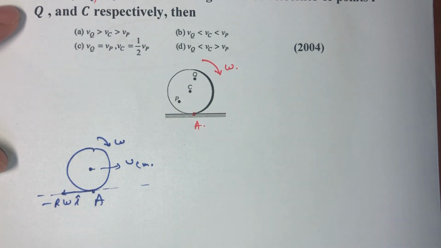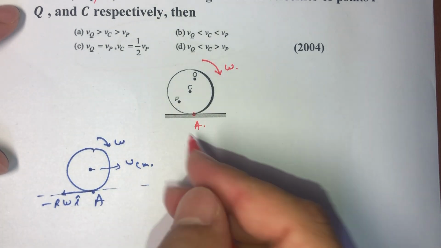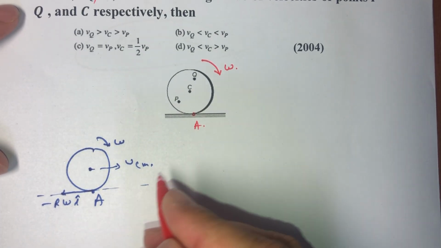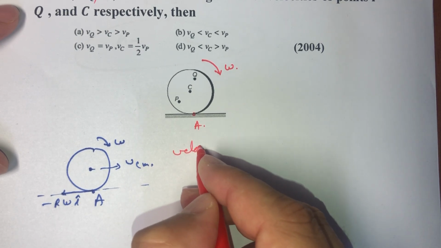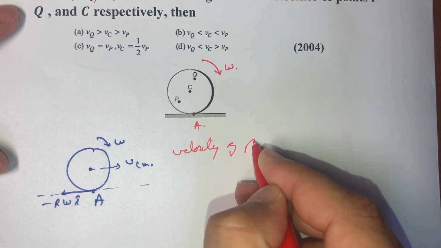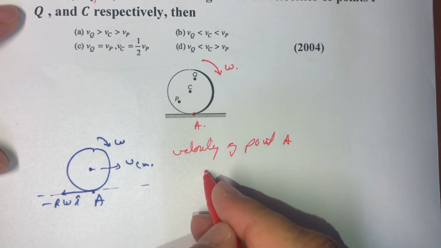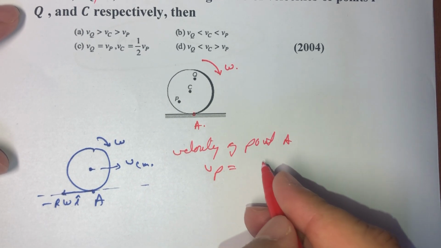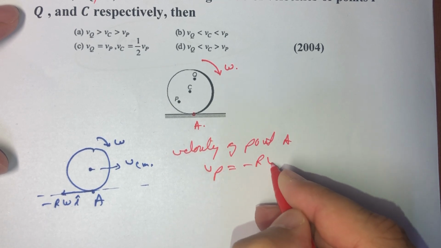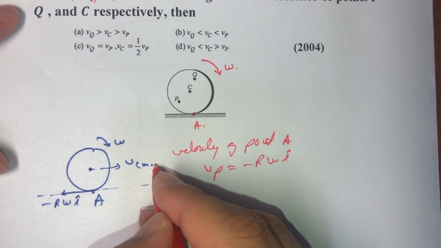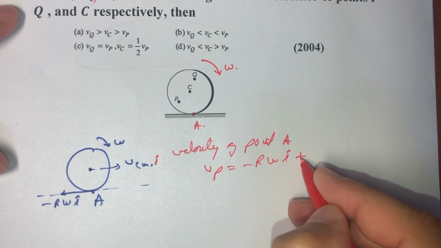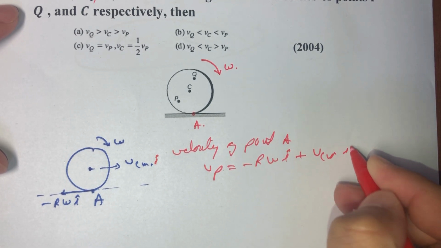Therefore we can write the relationship that the velocity of point A, given as Vp, will be equal to minus r omega i plus VCM i.